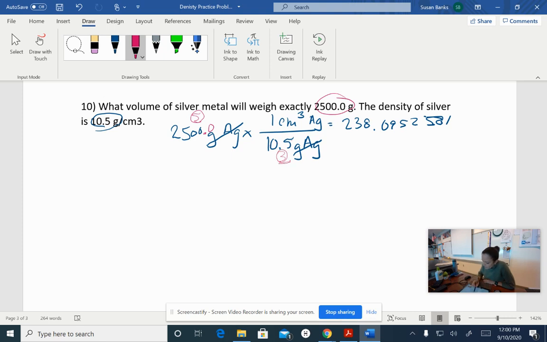So really, I can only use 3 digits. So 1, 2, 3, that 0 tells me to leave it alone. So I am going to report this as 238 centimeters cubed, because centimeters cubed of silver is what I have.